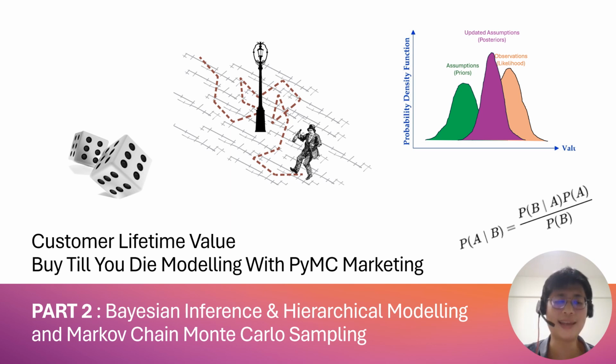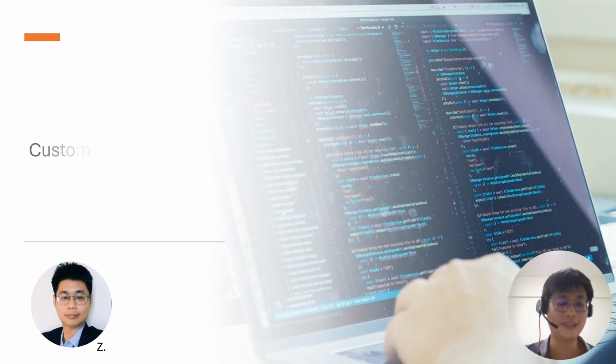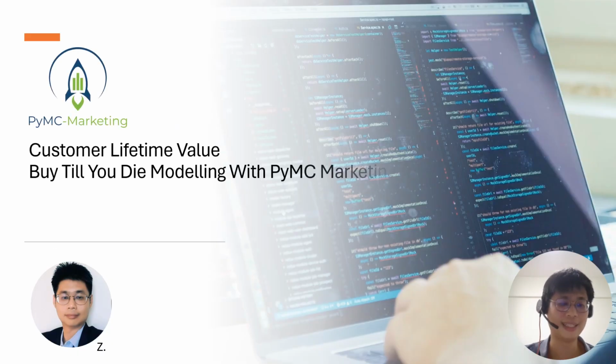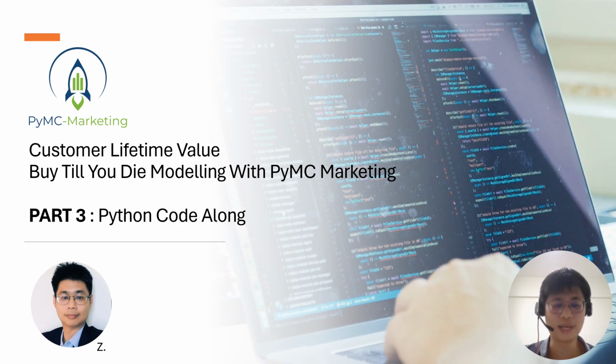It's good to understand an intuition for rather than just following the code blindly. The next video that's coming up is a coding walkthrough where we'll actually look at the Python notebook and walk you through the details. So I hope you found this interesting and useful, and join me in the future videos.